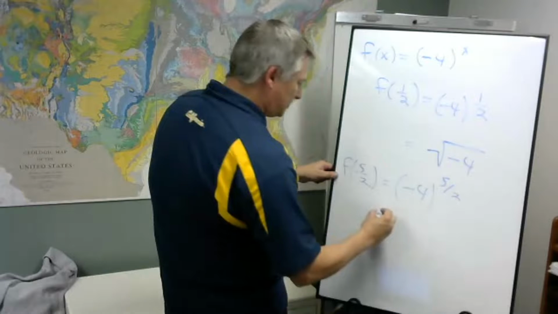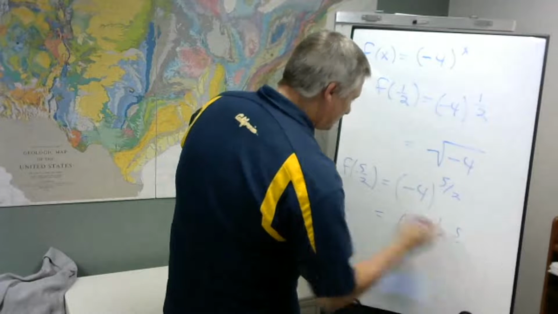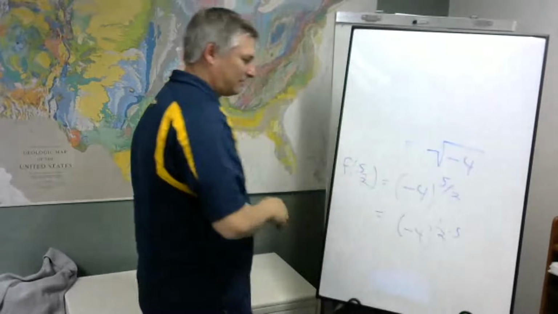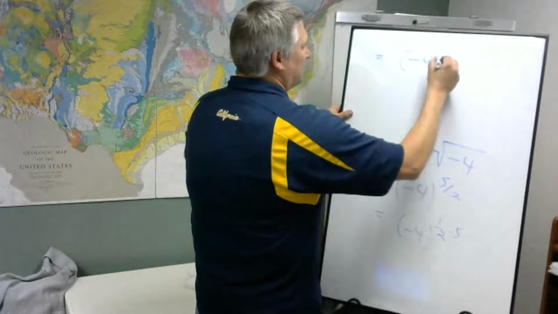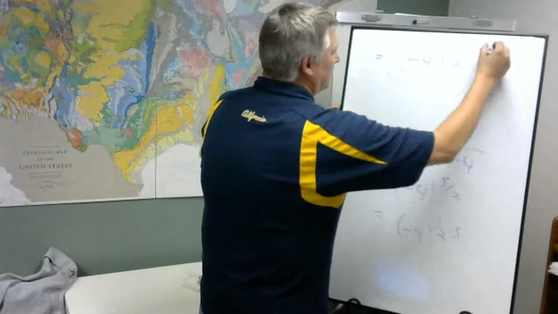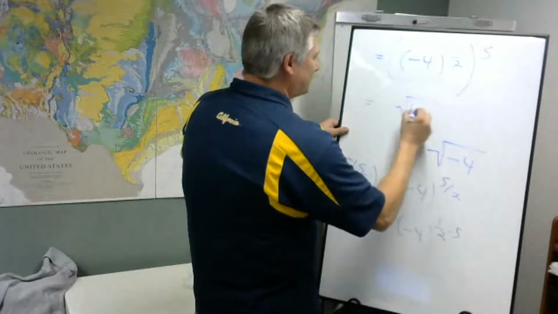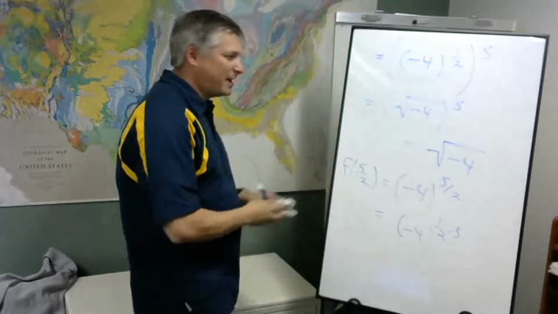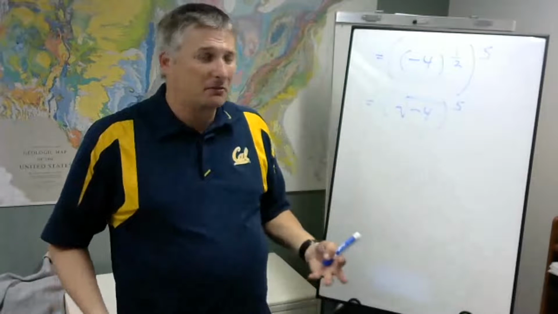And so you could rewrite this as -4 to the 1/2 times 5, which would be -4 to the 1/2, all of it raised to the 5th power. Or you'll end up getting, again, the square root of -4 raised to the 5th power. And regardless of what's happening with this 5th power, you're still stuck taking the square root of -4.